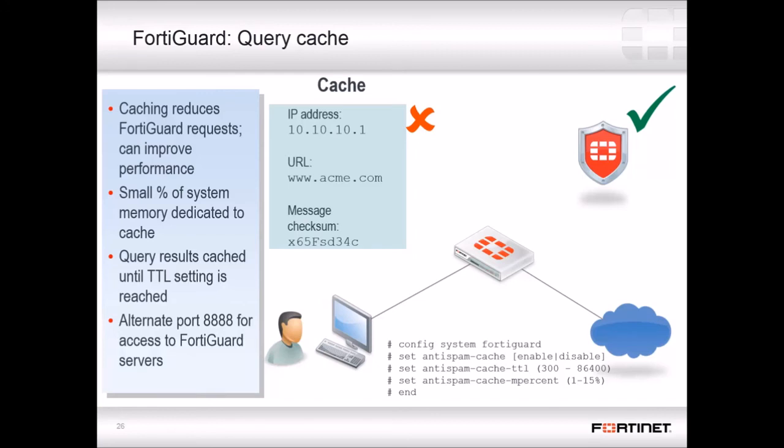Therefore, if your Fortigate unit has enough memory available, it is recommended to enable caching. Many of the smaller units do not have a lot of extra memory, so if you start to run out of memory, this should be the first option you disable on your device. You can change the default settings in the CLI by going to Config, System, FortiGuard, and making adjustments.